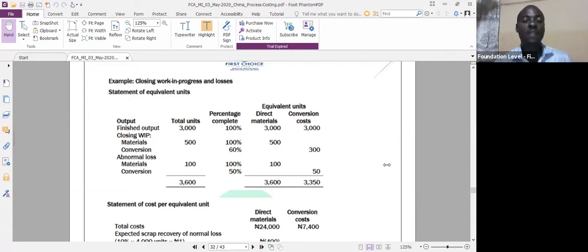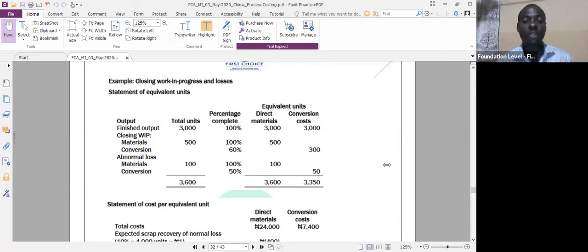Then we have 60% complete in labor. So in conversion, I keep calling it labor. So you have to multiply 60% by 500, that will give you conversion cost of about 300.